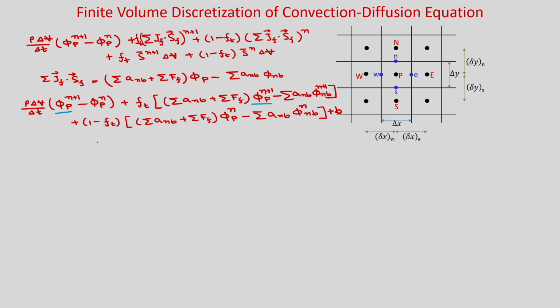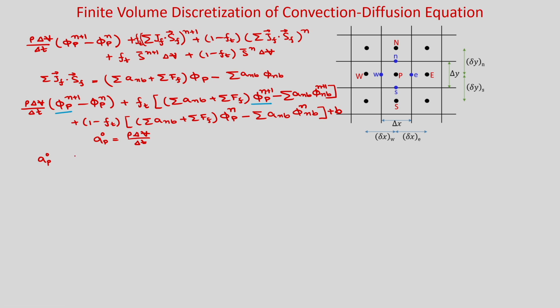So, you can see if you put a p naught is equal to rho delta v by delta t, a p naught, if you write rho delta v by delta t. So, now you see a p naught, this phi p n plus 1, so this will take here.